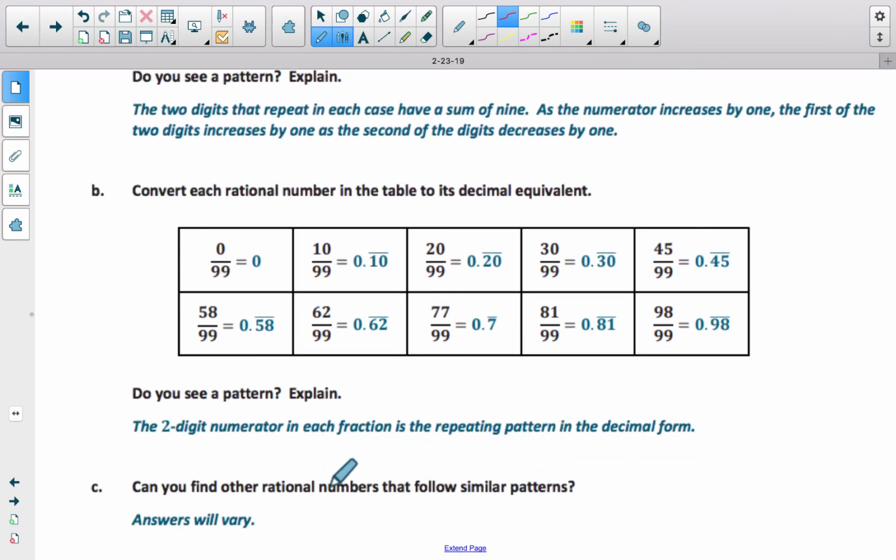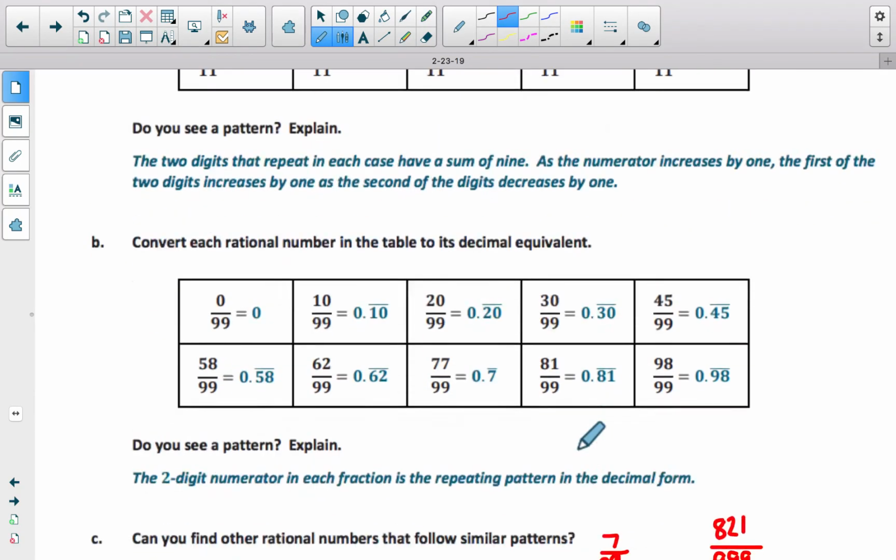Now, other rational numbers that follow similar patterns, there is a bunch. I mean, you could have just done like 7 over 99, any number over 99. A similar pattern, if I have something like, let's do 821 over, let's do 999, you're going to notice a similar pattern there as well, where the 821 keeps repeating.